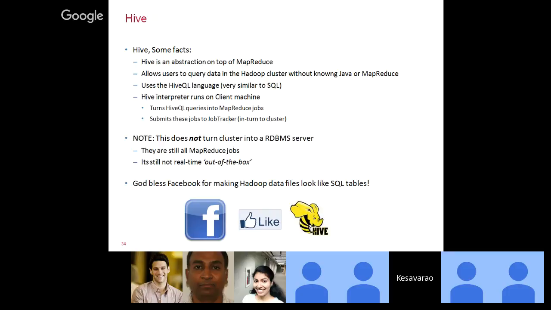But the new version, Hive 2, the second version of Hive, uses something called MapReduce 2. The engine behind the scenes, the first one is MapReduce, and now it's called MapReduce 2.